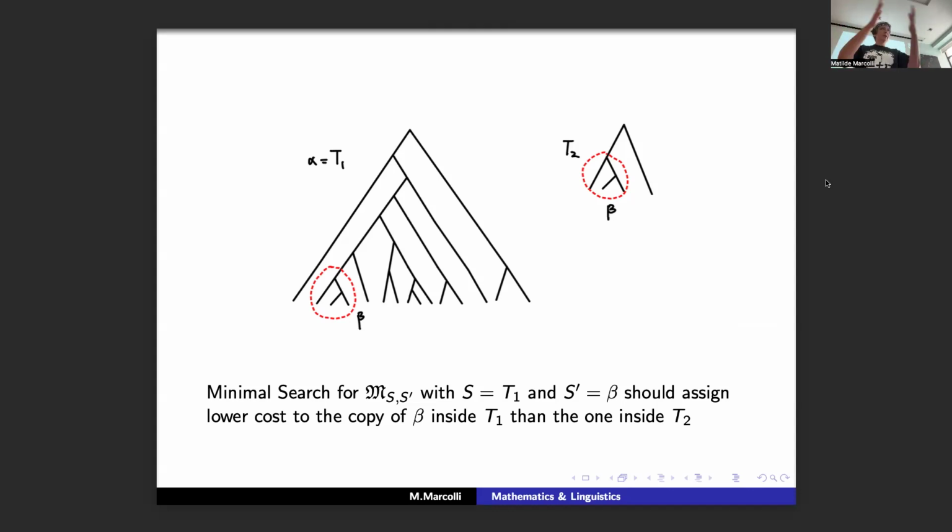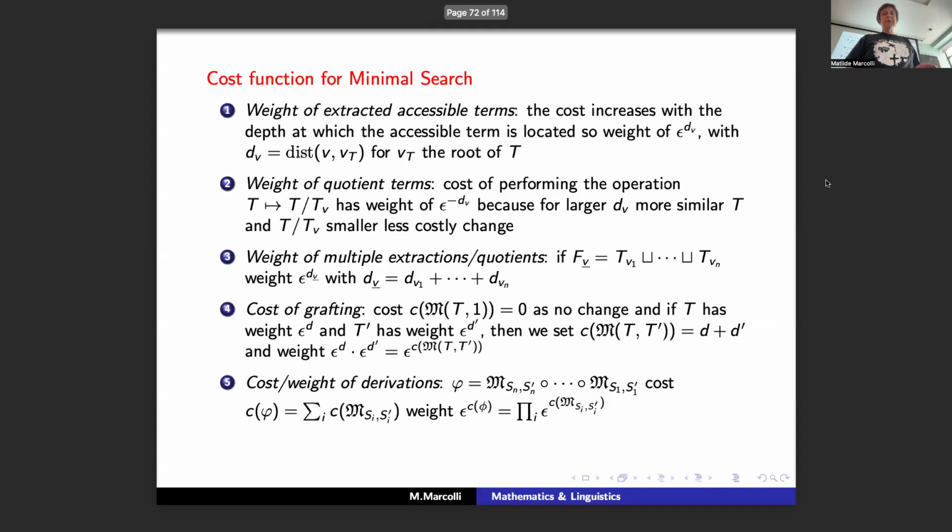And then you assemble them together. So this will give a weight to the two terms that you have in the coproduct that's related to the cost of this extraction and quotient. And then when you merge two things with certain weights, the merged structure will also acquire a weight that depends on this. So that's the kind of idea of how one can construct a cost function, right? That's related to the operations of product and coproduct that I have.